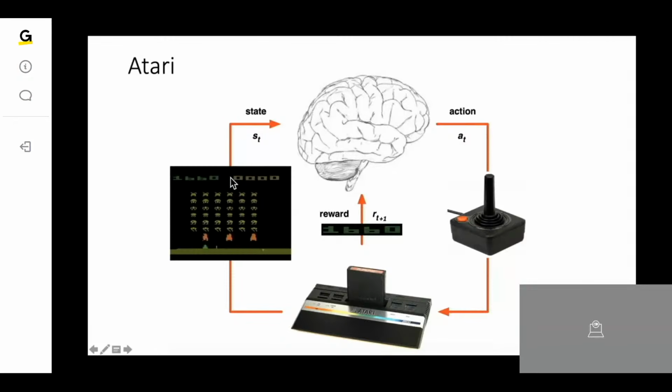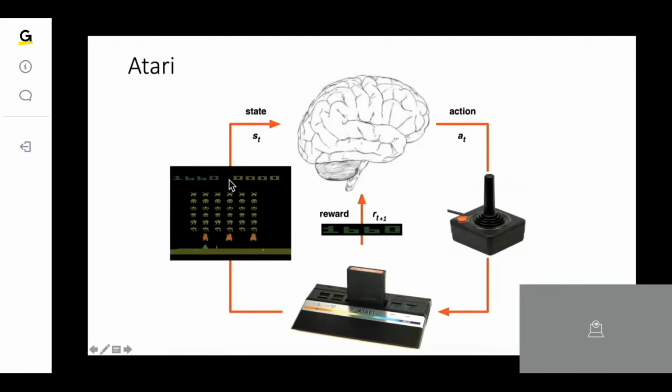What it gets as state information are these screen pixels continuously, which tell what is the current configuration of the game. It takes an action which is primarily moving the joystick. Either it could involve moving a paddle to the left or the right, or shooting a gun or something like that, which then has a feedback on the game itself.